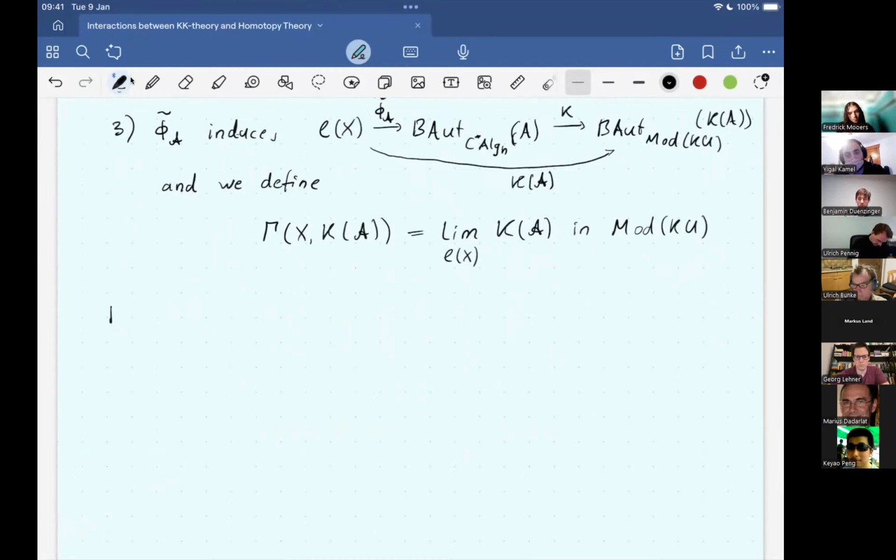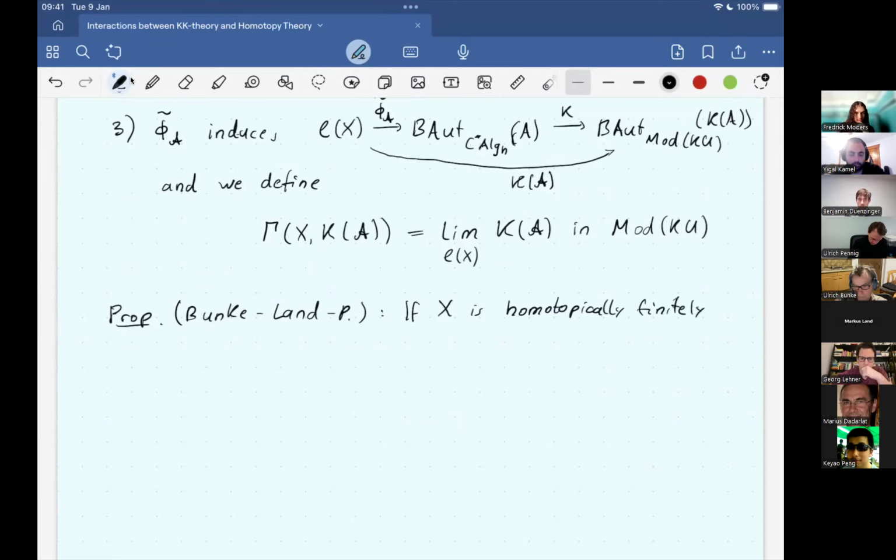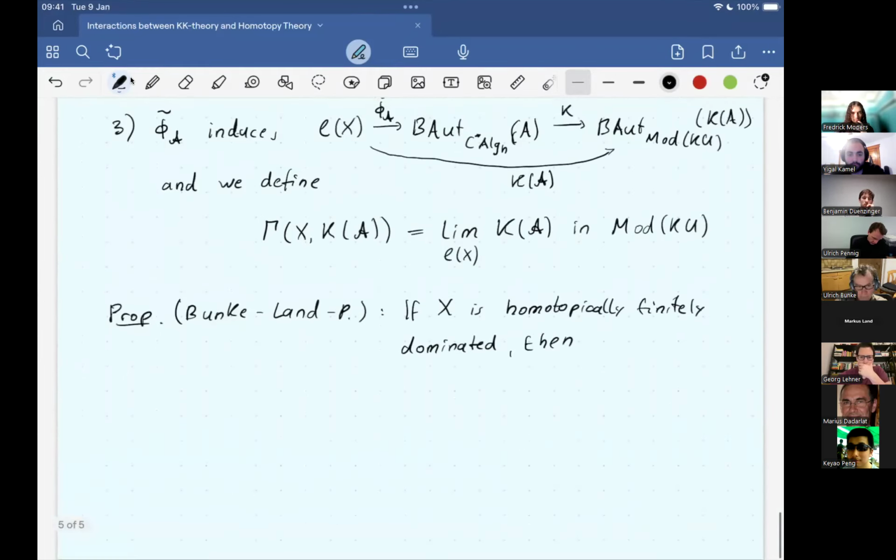And now the proposition is, and this is also in the survey, that if X is homotopically finitely dominated, then actually the two constructions are equivalent, right?